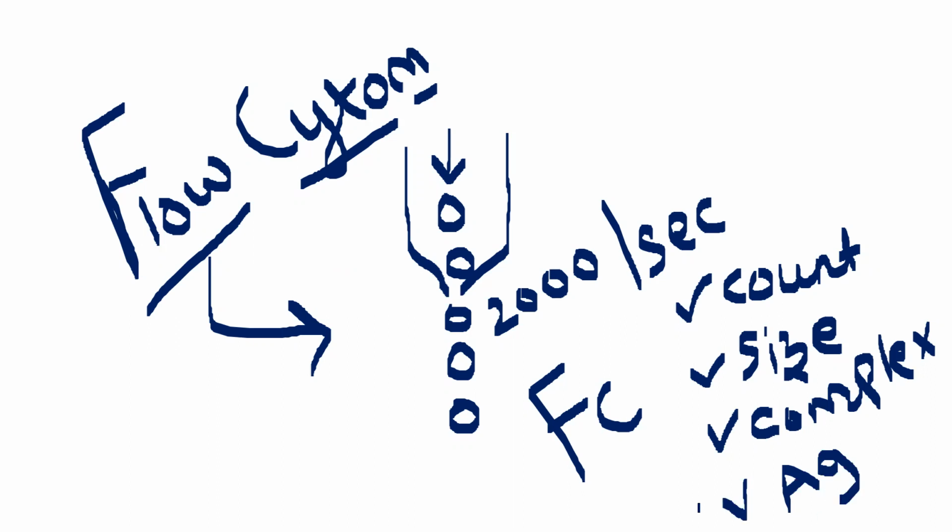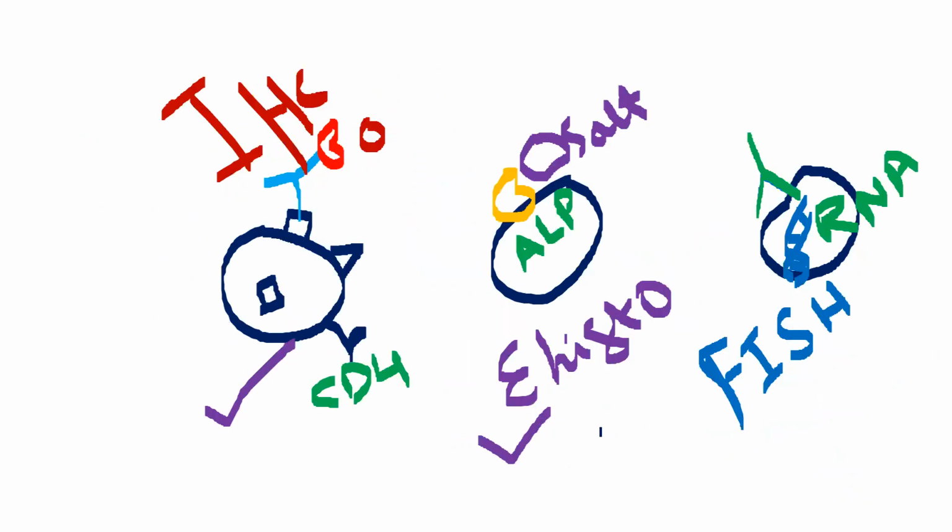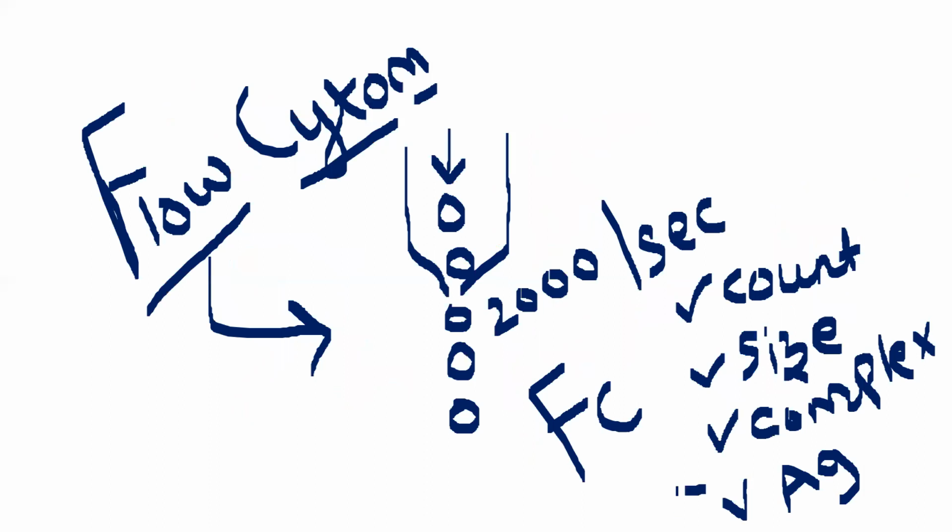Now, how will we detect these antigens? We will label the cells with various types of fluorescent labeled antibodies. In a single cell, almost 20 antigens can be detected. That means I can label a single cell with 20 antibodies.